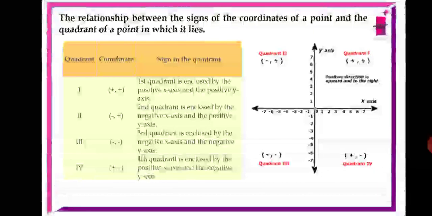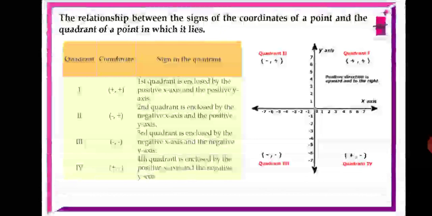Now the relation between the signs of the coordinates of a point and the quadrant in which it lies. If you know this, you can easily plot the point anywhere in the Cartesian plane. First of all, you should know where the positive values and the negative values are. You can see in Q1, both x and y are positive, because x is in the positive direction, to the right, and y is upward.